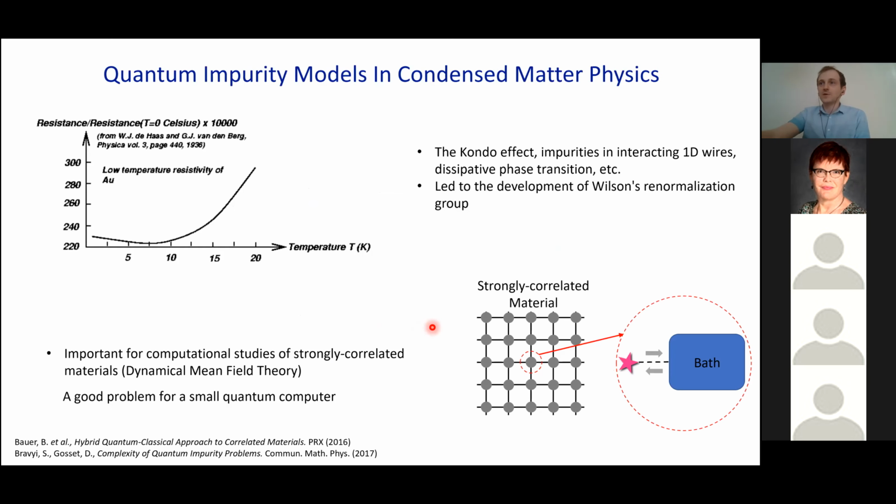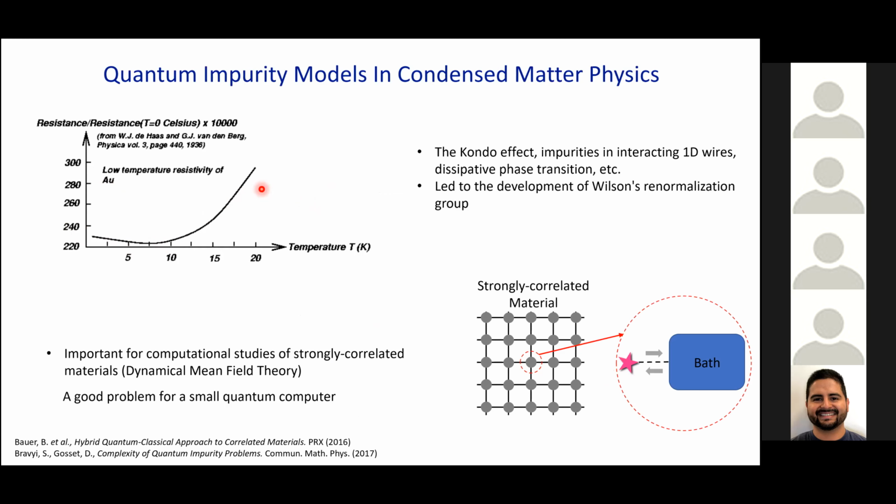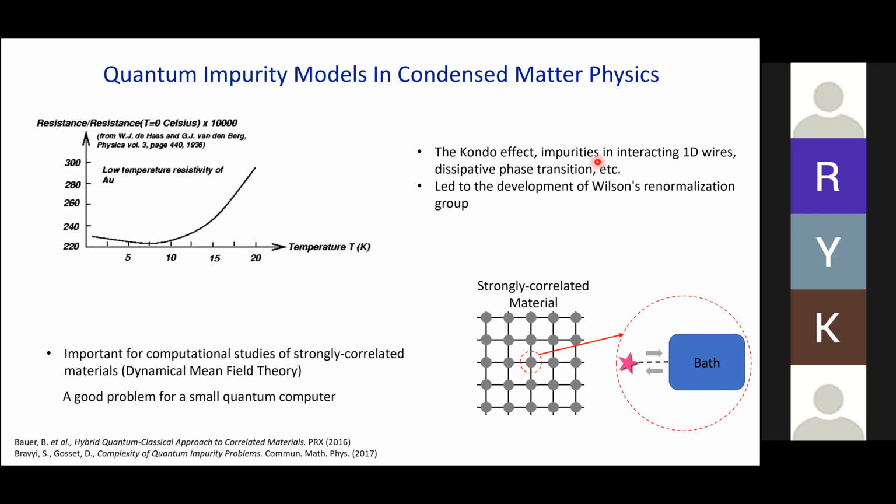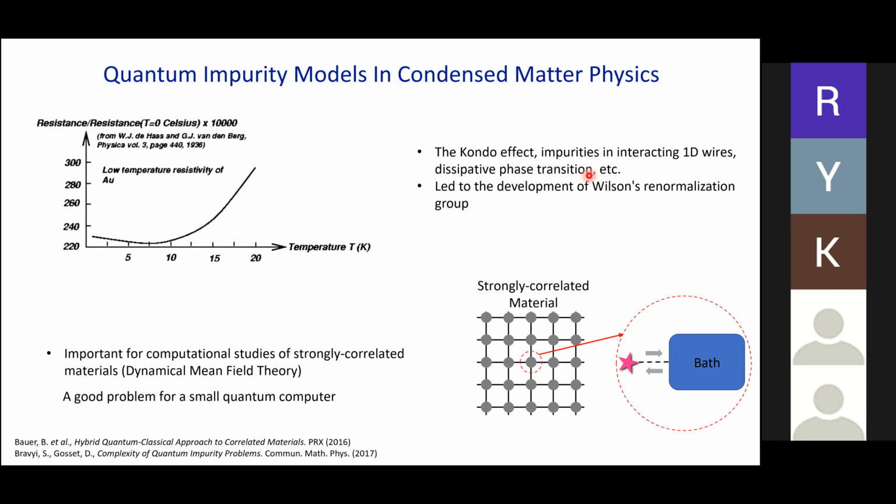Probably the most famous example of a quantum impurity model appears in the description of the Kondo effect, which is an increase of resistivity of some metals, here it's gold, at low temperatures, which was unexpected. This effect was explained in the 1950s by Kondo, so it has his name, as an interaction of free electrons in the metal with individual magnetic impurities which are present there.